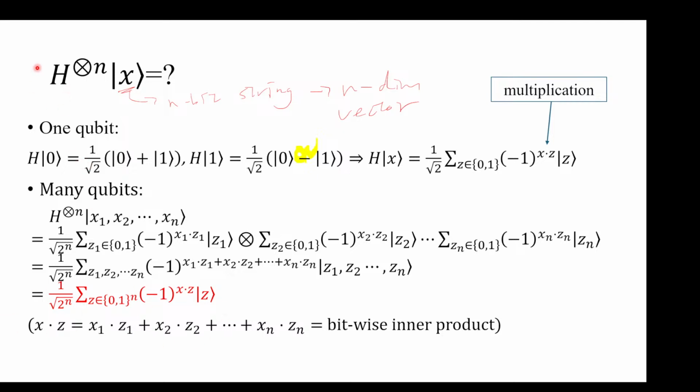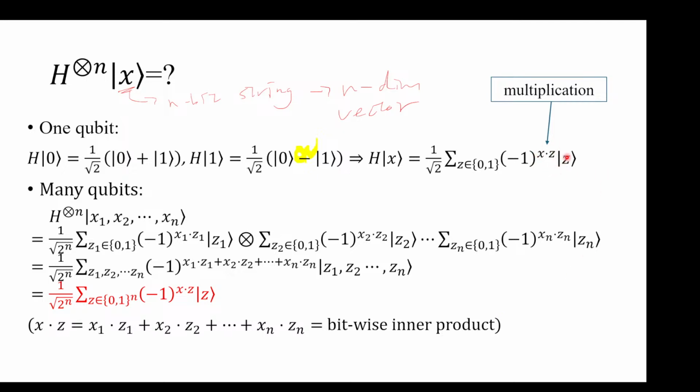Okay, so you have H to the n on computational basis state |x>. The result is the superposition of all possible computational basis states with different phases, and the phase is -1 to the input inner product with output. So input x, inner product with output z. It's a bit of an overload of notation here. Here this inner product is the bitwise inner product, and this is multiplication.